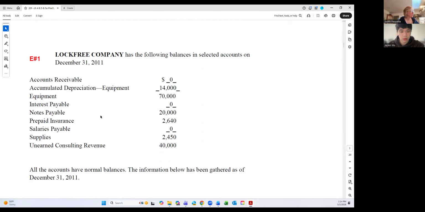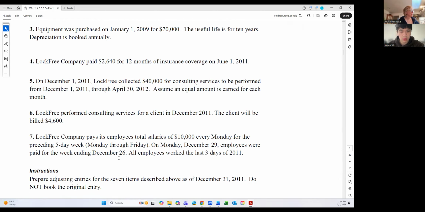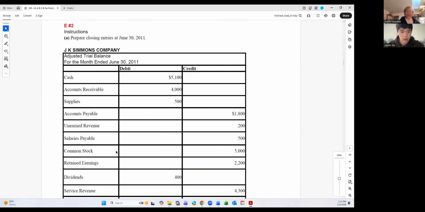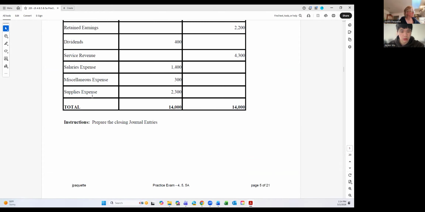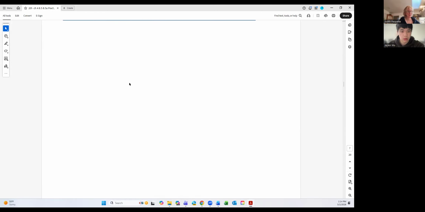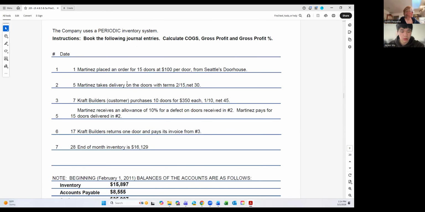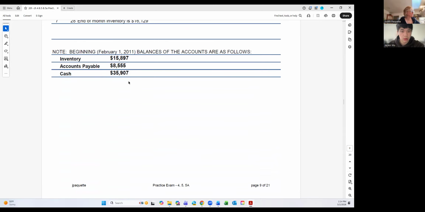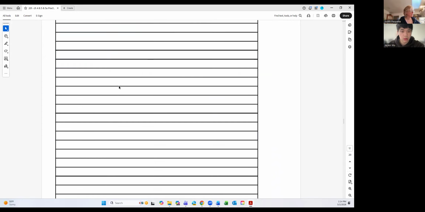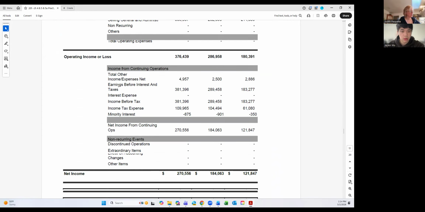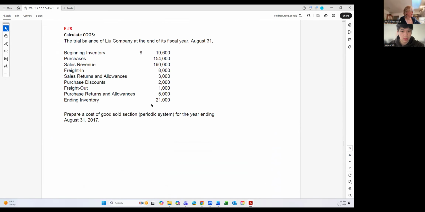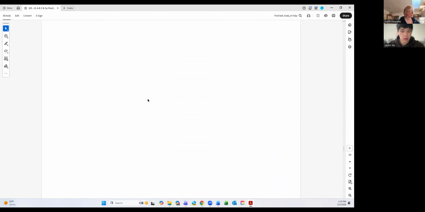We have adjusting journal entries, closing journal entries, and then perpetual. So lots of journal entries to know. And we've got periodic and multi-step income statement and some writing, and calculating the missing amounts and cost of goods sold as well.